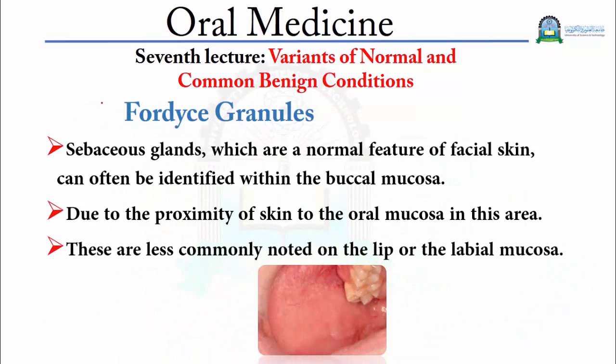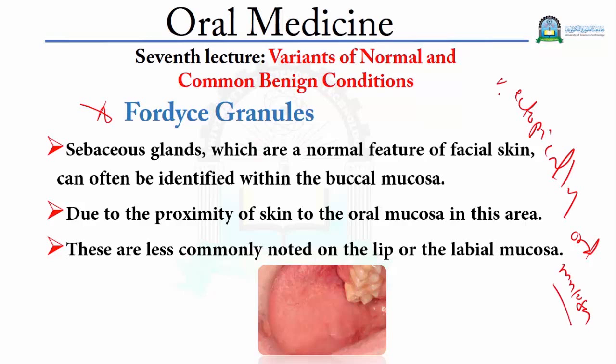The other normal variations are the Fordyce granules. Fordyce granules are sebaceous glands ectopically presented in the oral mucosa.